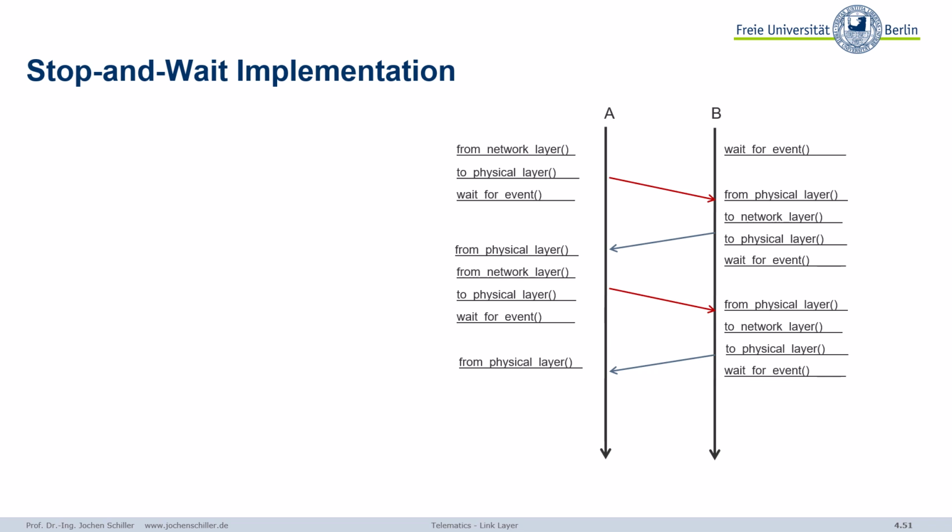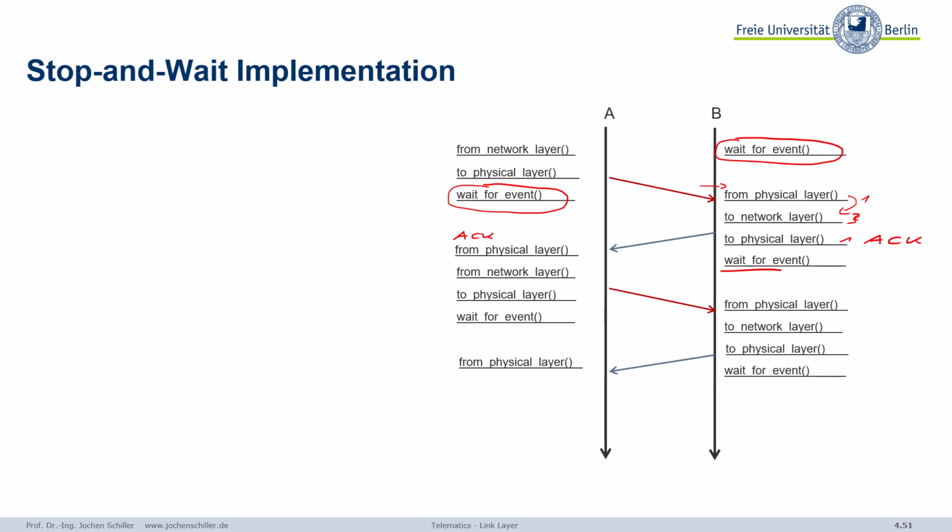And you see now that, if you compare the slides, the sender also waits for events. So the receiver waits until a packet comes in, and then you hand it over from layer 1 to layer 3. Additionally, you send your acknowledgement, and then you wait again. And the sender side waits after sending until it gets the acknowledgement.